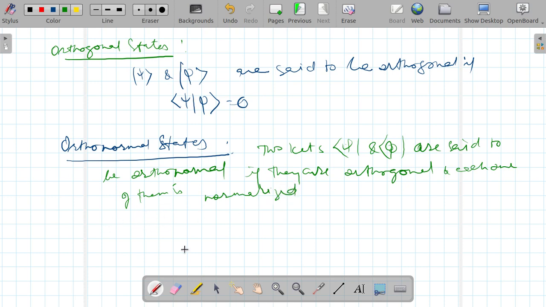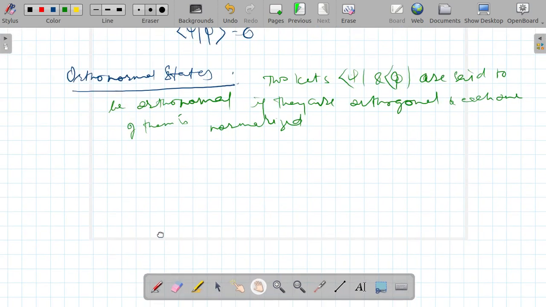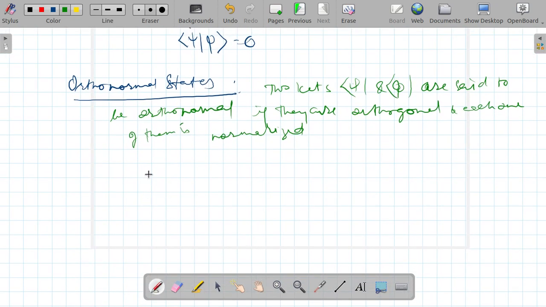So the first condition is orthogonality, that means the scalar product of psi and phi is always 0, but psi with itself is 1, and similarly phi with phi is also equal to 1.